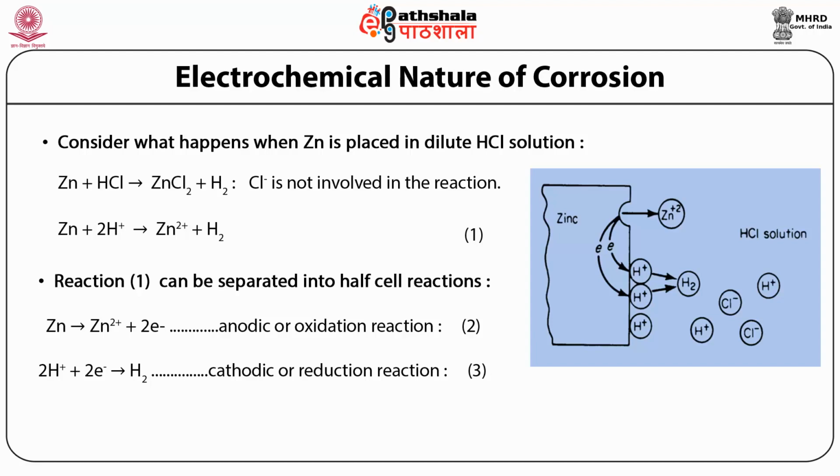Hence, loss of weight of the zinc rod, or corrosion of zinc, happens due to the electrochemical nature of the above process. It is true in the case of any corrosion reaction. There could be the possibility of multiple cathodic or anodic reactions at one place. However, overall charge balance will always be maintained.